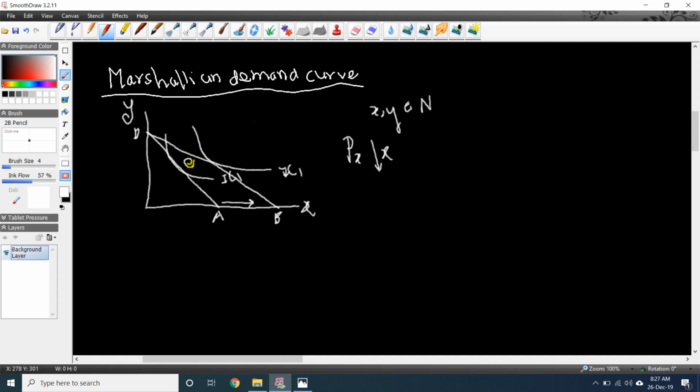Let's name these E1 and E2. This is the first panel we have drawn.